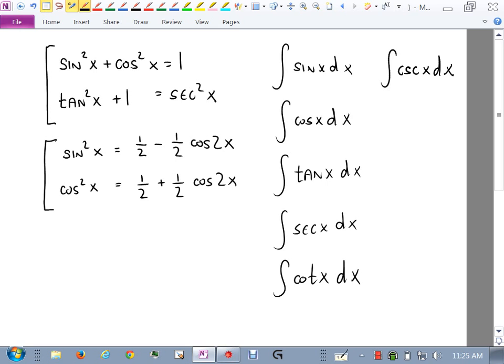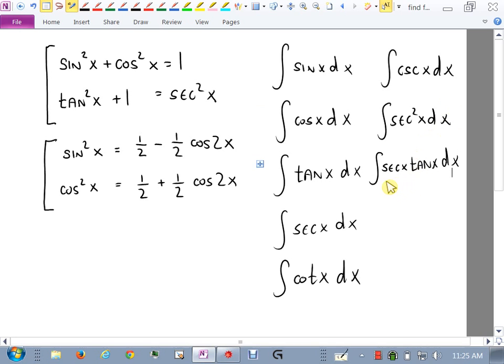There's also some others that we should know exist there, like secant squared x. What's the antiderivative of secant squared x? Tangent x, because the derivative of tangent x is secant squared x. What's the derivative of secant x? Secant x tangent x.